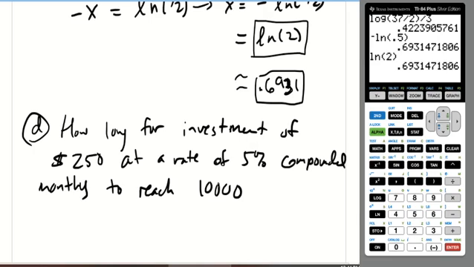This is just an exponential equation. I need to isolate the exponential part, so divide both sides by 250. 10,000 divided by 250 is 40.